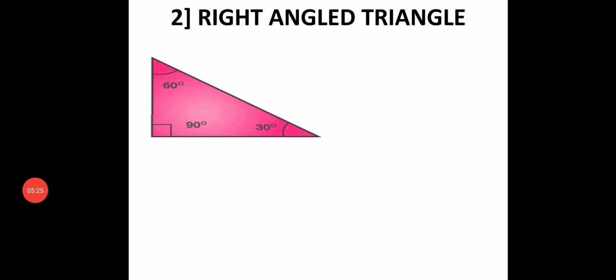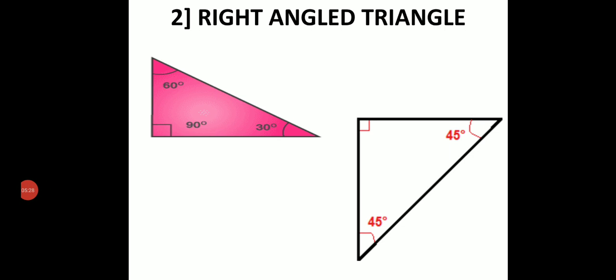Now let's observe the second figure. So students, in the second triangle figure, that is triangle XYZ, in this triangle you all will notice that measure of angle X is exact 90, measure of angle Y is 45, which is less than 90, and measure of angle Z is 45, which is again less than 90.